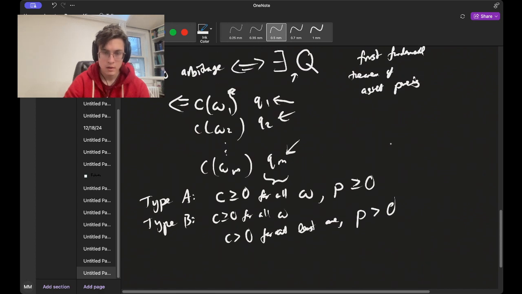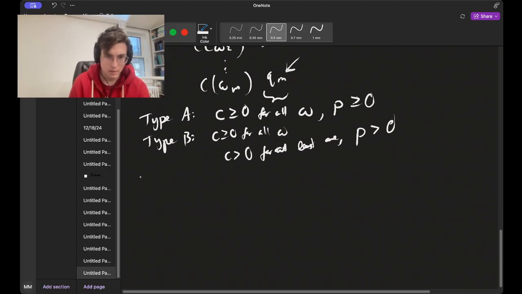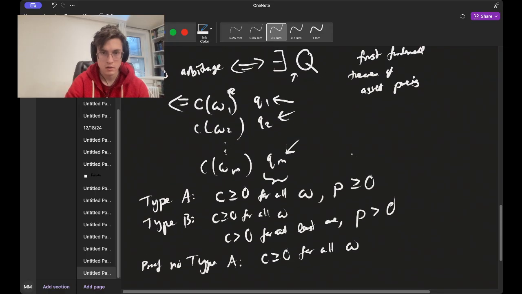So let's try to prove that there's no type A arbitrage. Suppose C is greater than or equal to 0 for all omega, so the payouts are all non-negative.